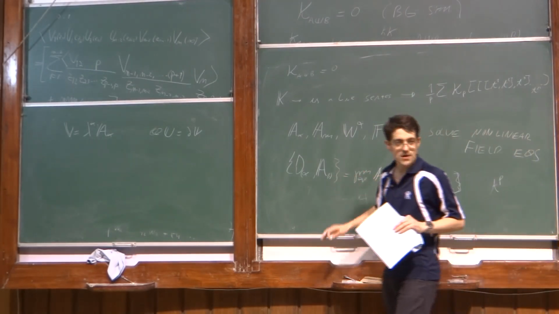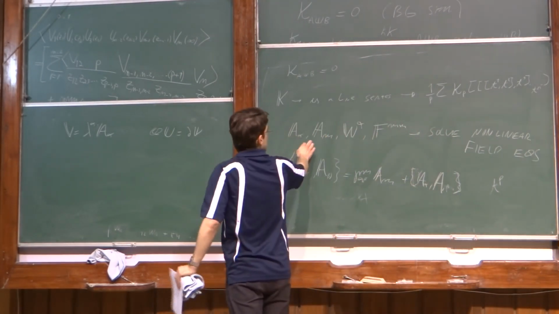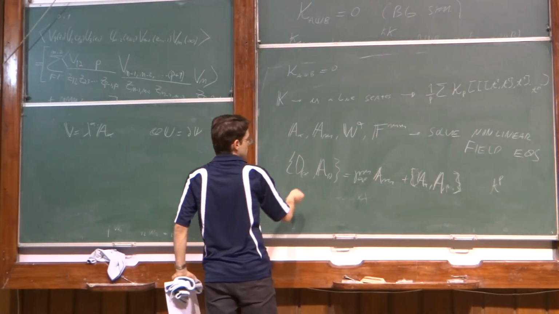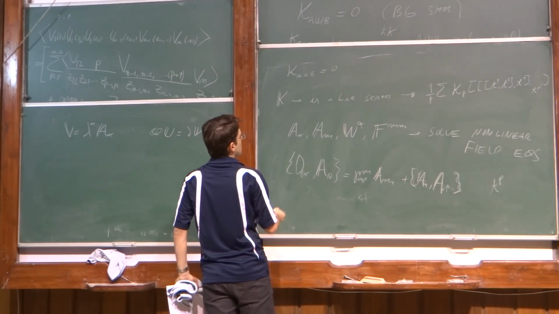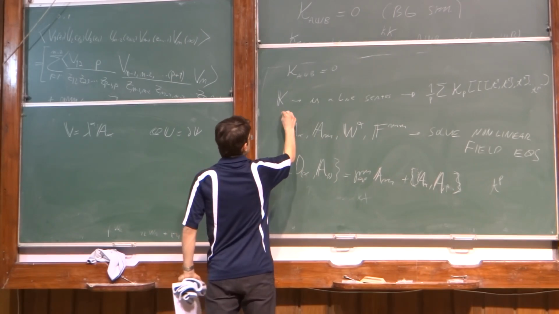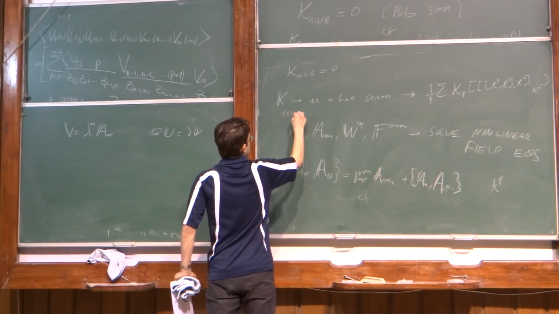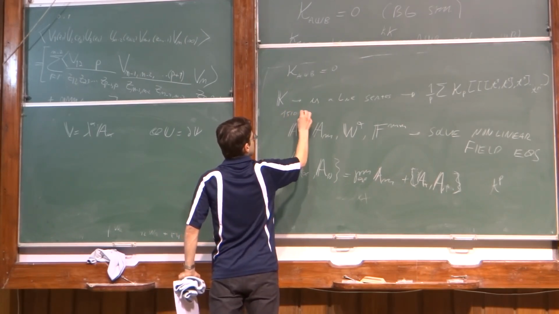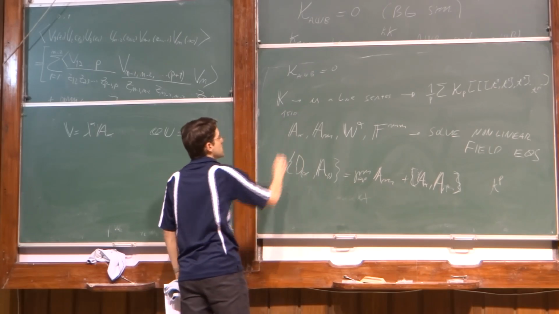Which argument? This argument, constructing that K and then the Lie series, and then summing all of them and getting the nonlinear equation. Okay, that's this paper by Oliver Schlotterer and myself.